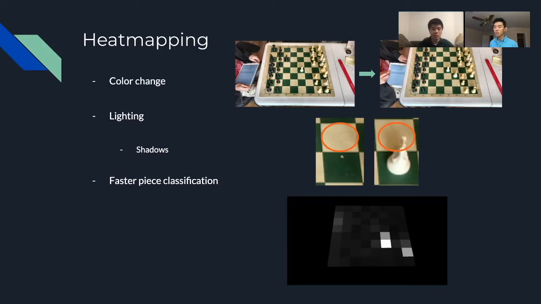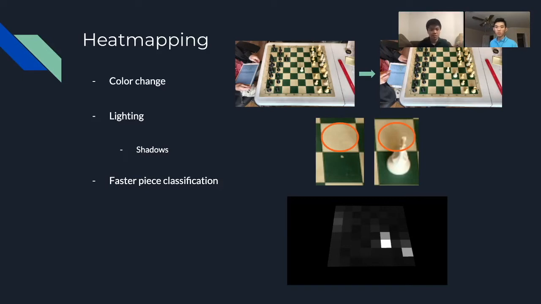And our algorithm sees that as a significant color change. Now, the first thing we could do with this color change is, if a move is made, we can see which squares have significant color change. In the two frames up top, that heat map is shown in the picture at the bottom, and the bright squares are the areas of significant color change.